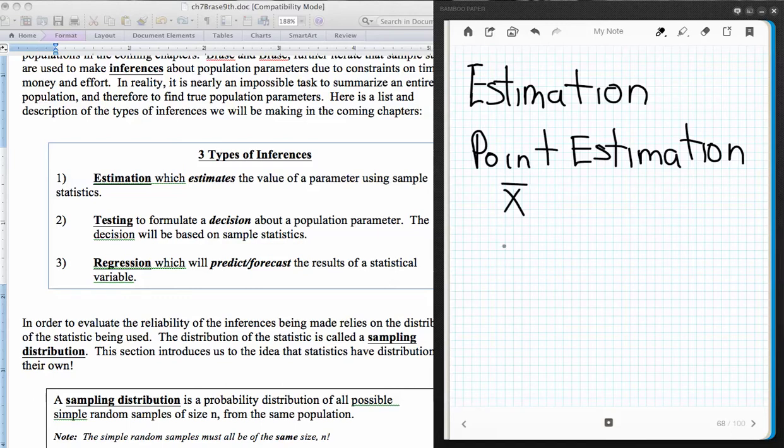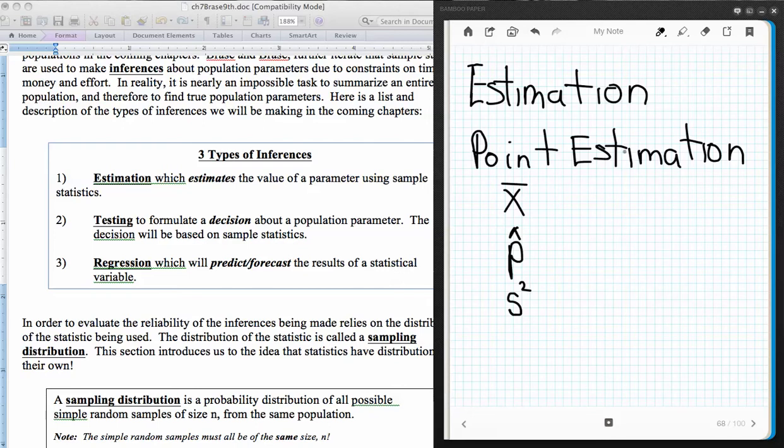And we've also seen one that we haven't really used notation for, but it's called p hat. We've seen the s squared for the variance, and later on we'll be using the point estimate s squared as a ratio to do some other testing.